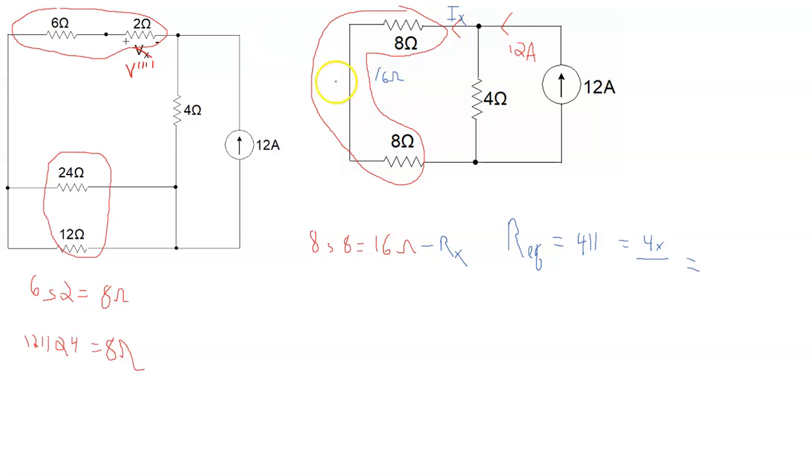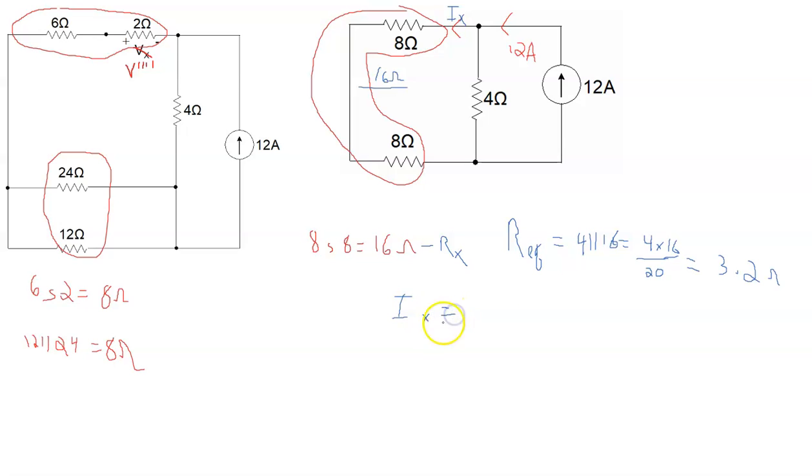This is the branch resistance over there, so it's 4 in parallel with 16. So I got 4 times 16 over 4 plus 16, which is 20. So that's actually 64 over 20, which is 3.2 ohms.